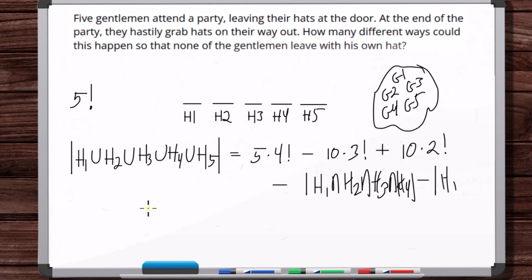So the total number here is going to be 5 choose 4, which is just 5. Now, what's H1 intersection H2 intersection H3 intersection H4? It's 1.